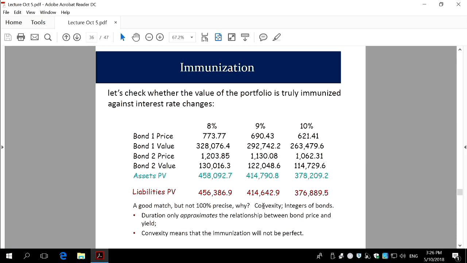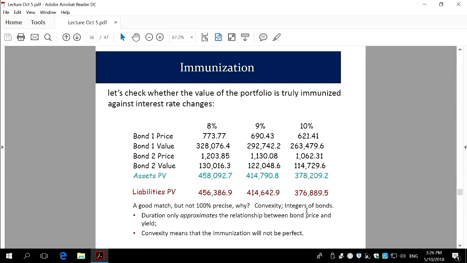The question is why? I think there are two main reasons. The first reason is this is a match of duration. We don't talk about any match of convexity. So we just ignore convexity in this question. The convexity will cause this small difference if the interest rate changes, not a very small change. So the first obvious answer is that because of convexity, you cannot be 100% precise.